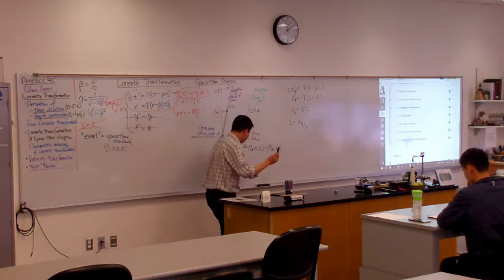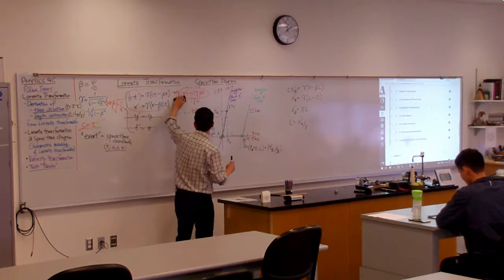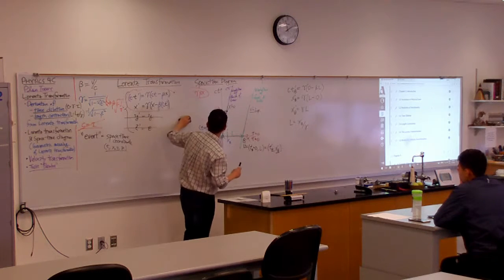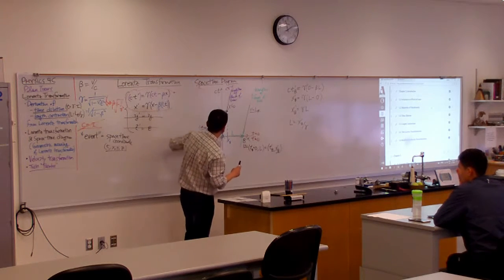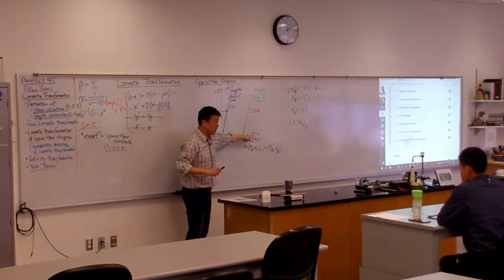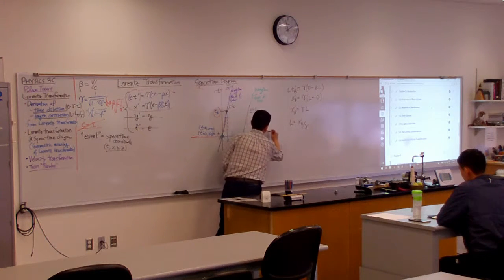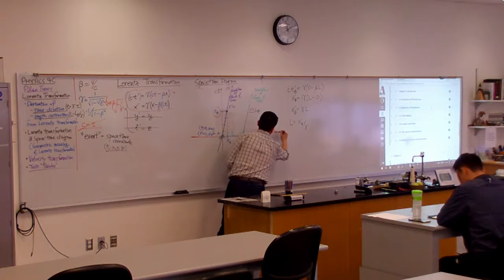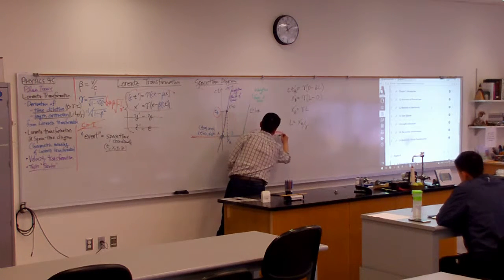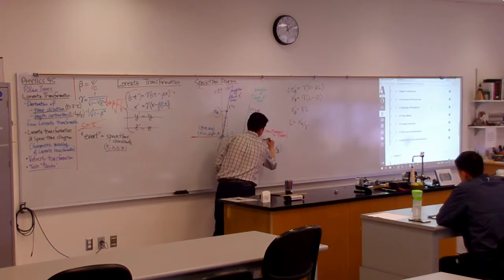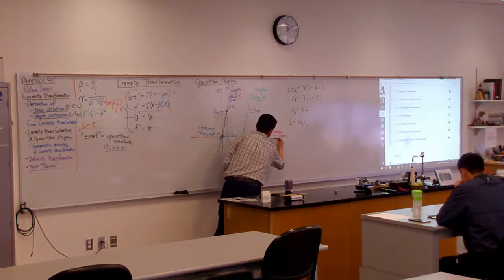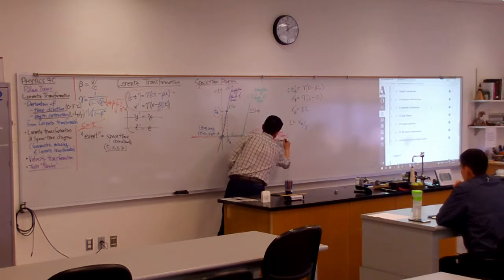I'm already out of time, but let me just do one more thing. So this line means simultaneous in frame S, but this means not simultaneous in frame S prime.